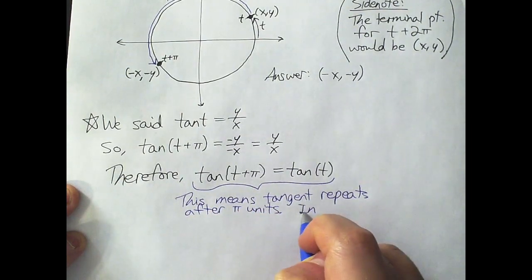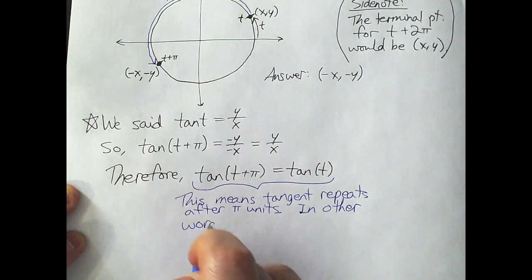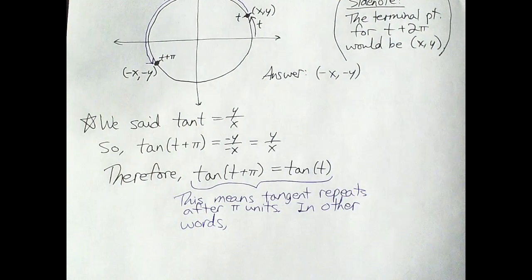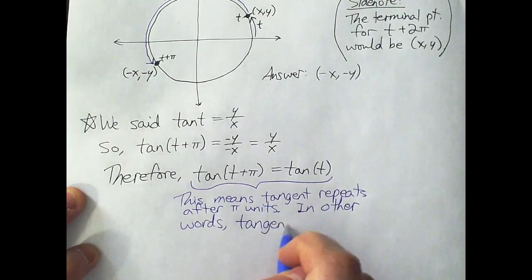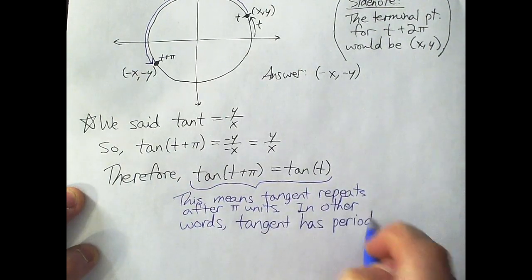In other words, what do you think is another way we could say this? Tangent has period pi.